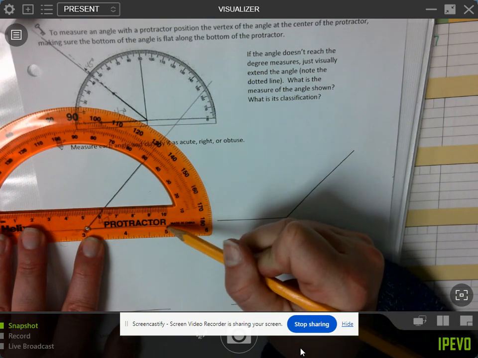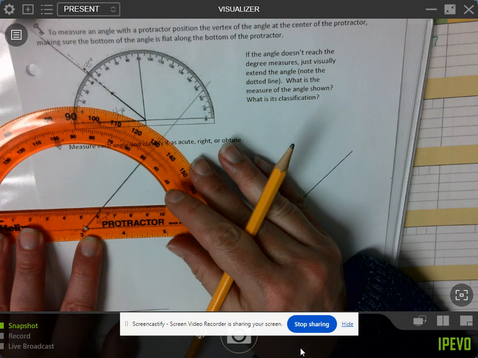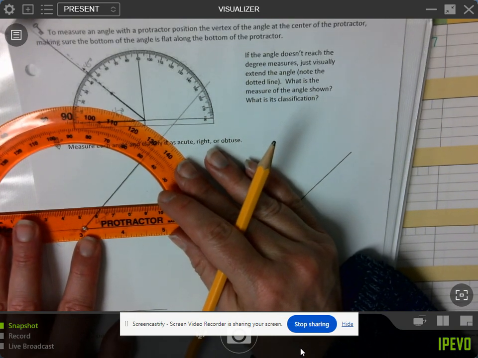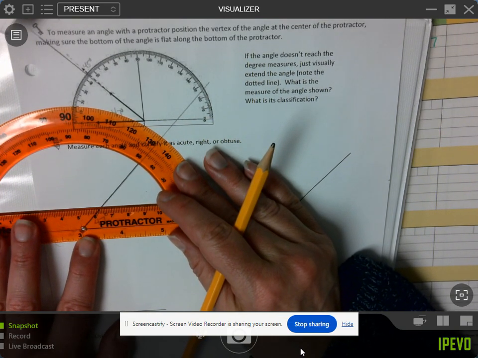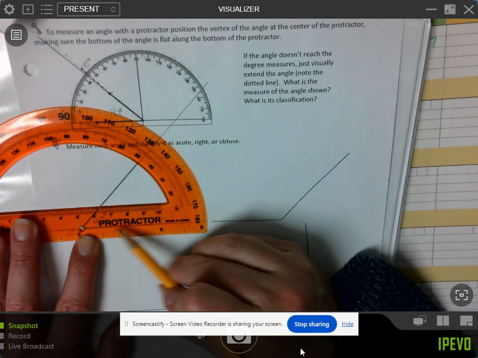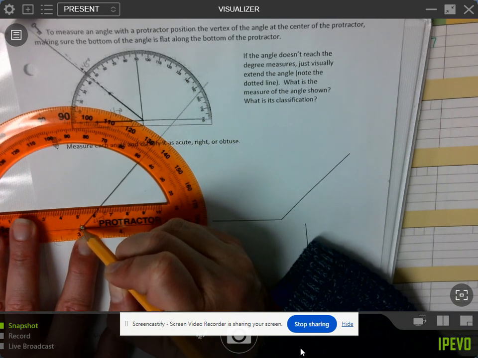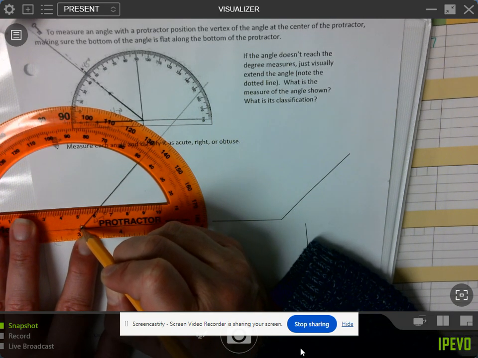And you can see here the line on my protractor does not line up with that line of the angle. So you want to move the line from your protractor right on top of the angle line. And make sure that as you're moving it to line it up, you keep that vertex right in the middle circle.